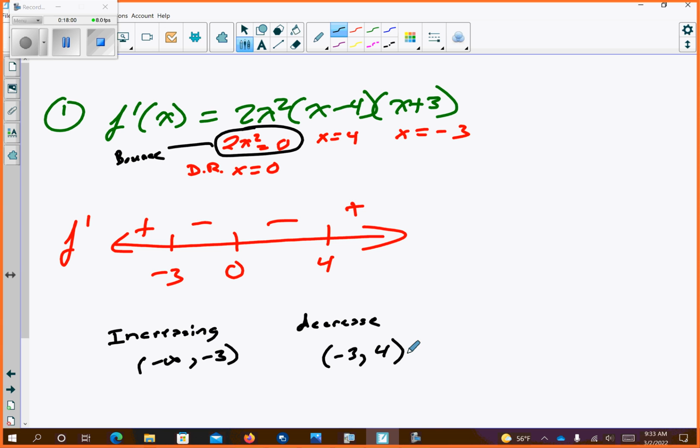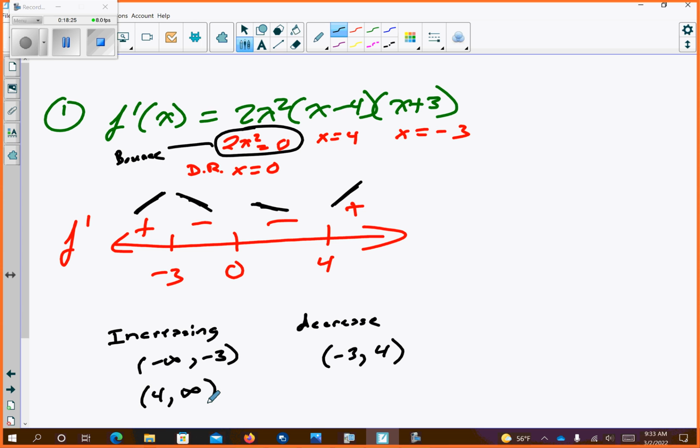So increasing, decreasing from negative 3 to 4. So basically, my graph would show it's doing this, then it's doing this, then it's doing another negative here, and then it's doing a positive there. So then it's increasing from 4 to infinity. So that takes care of number 1.